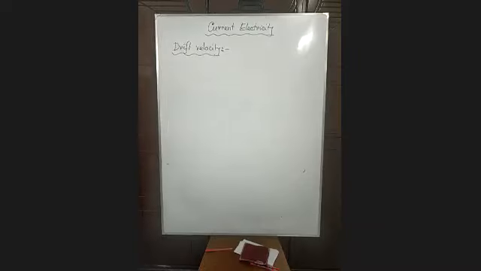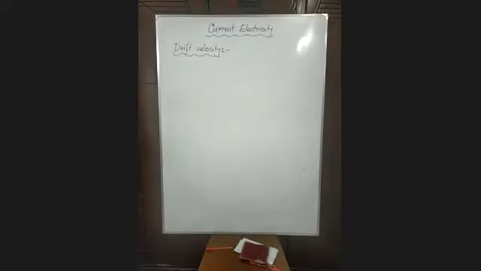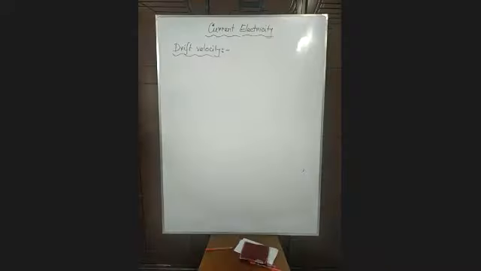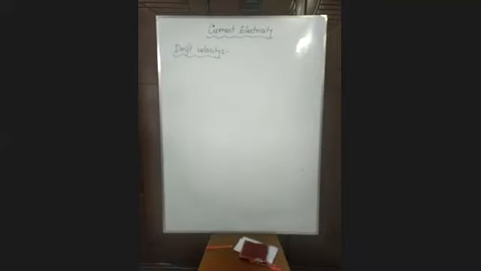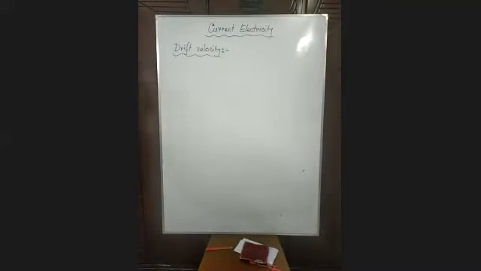So what do you mean by drift velocity? If we talk about potential energy, when the potential energy is higher, the velocity of an object will be greater. And when the potential energy is lower, if it is released, then its velocity will be lower.